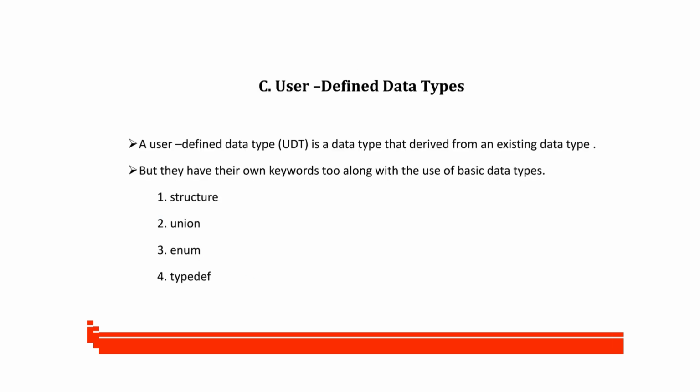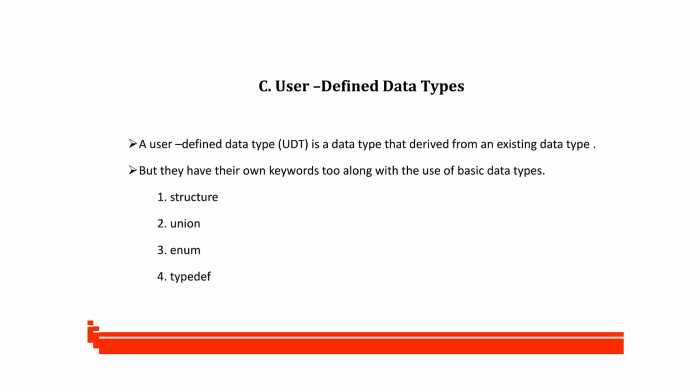Next one is union. Unions are similar to structures in many ways. What makes a union different is that all the members in the union are stored in the same memory location, resulting in only one member containing data at the same time.